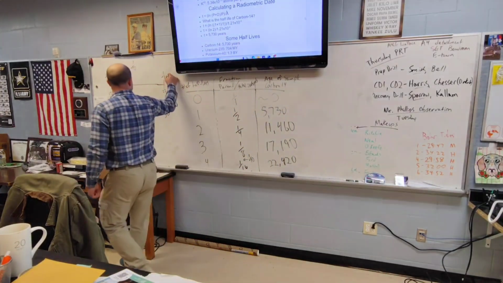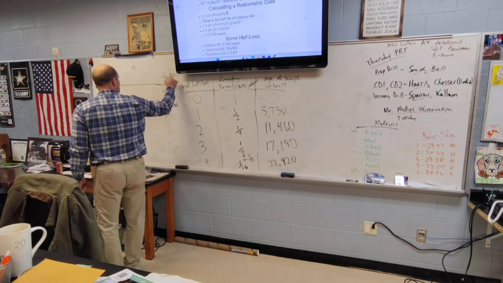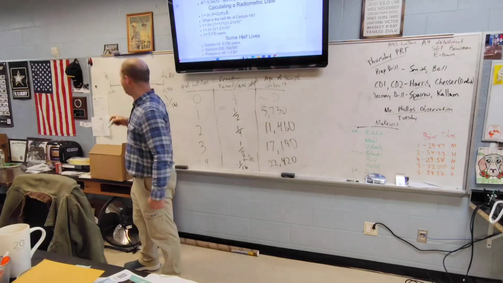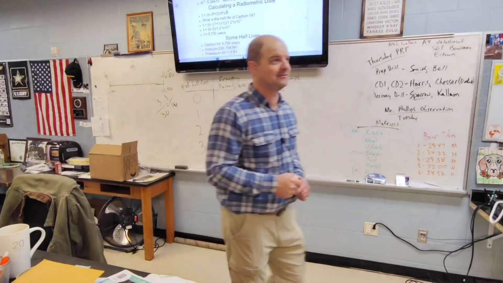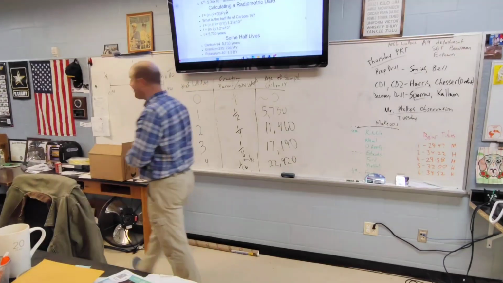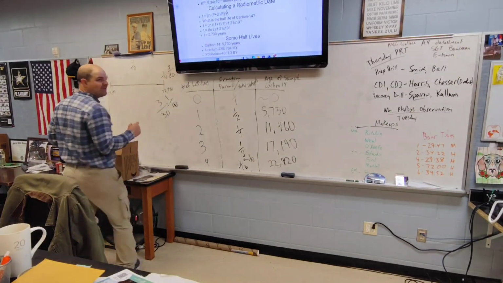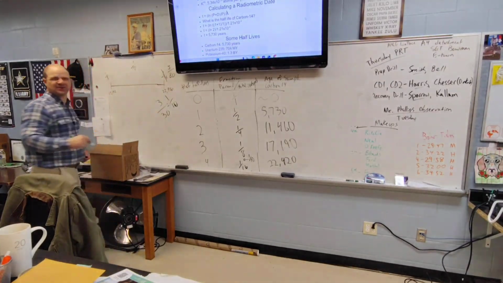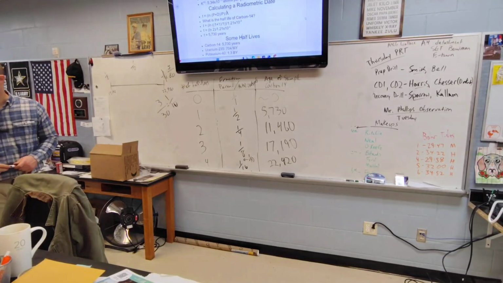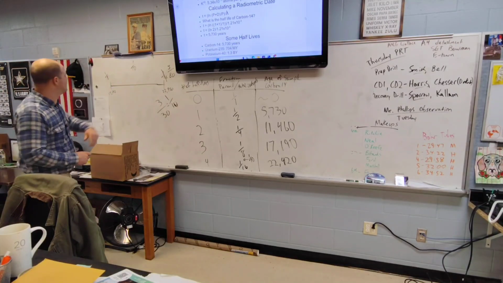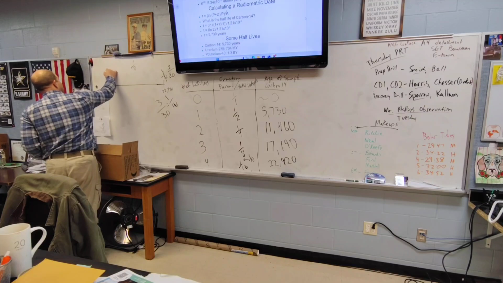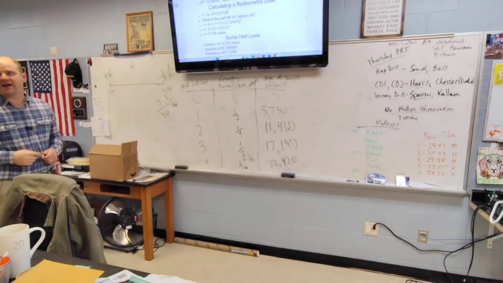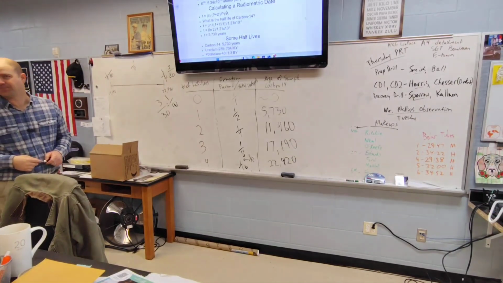So if we're making it 80, what is 1/16 of 80? In other words, what's 80 divided by 16? What is it? 5. So we have 5/80ths. And now, if you don't want to erase, you can just put a line through. That way you can still see it there. And then if we're making 1/8 into 80ths, what's 80 divided by 8? 10.